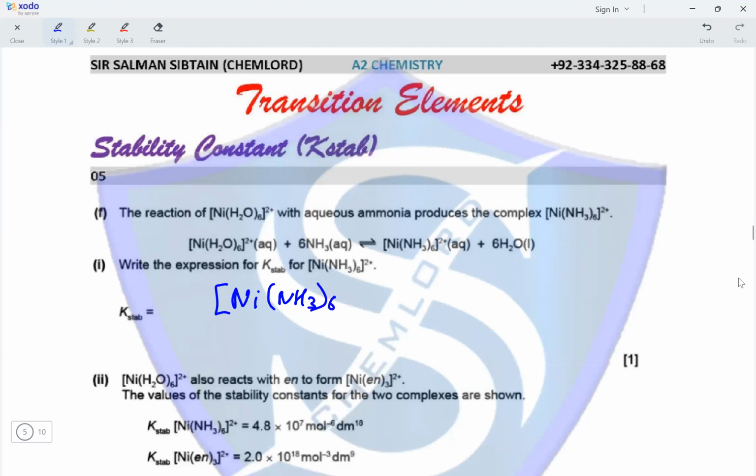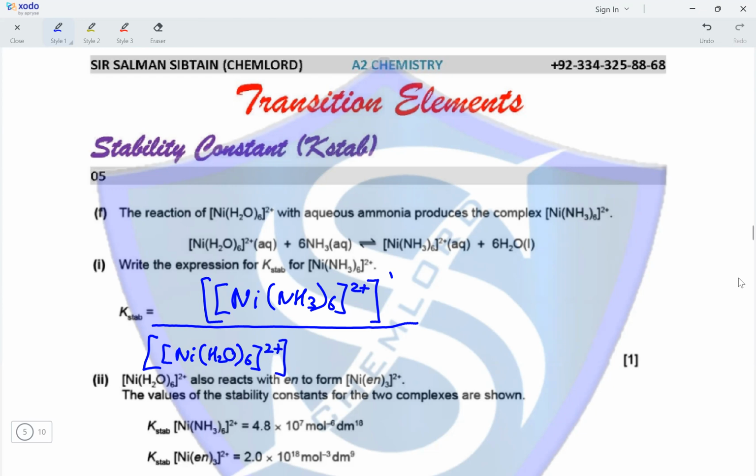[Ni(NH3)6]2+ raised to the power of 1 because there is only 1 mole of it present, divided by concentration of [Ni(H2O)6]2+ raised to the power of 1 multiplied by concentration of ammonia raised to the power of 6, since 6 moles of ammonia are present in the given equilibrium.